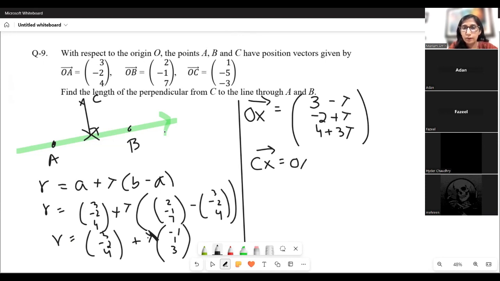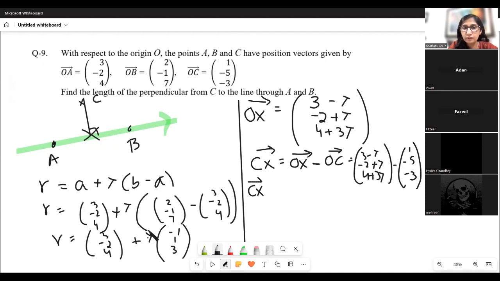CX is OX minus OC. So that is 3 minus lambda, minus 2 plus lambda, and 4 plus 3 lambda, minus OC, which is 1, minus 5, minus 3. So we have CX equals 2 minus lambda, 3 plus lambda, and 1 plus 3 lambda. Let me confirm.